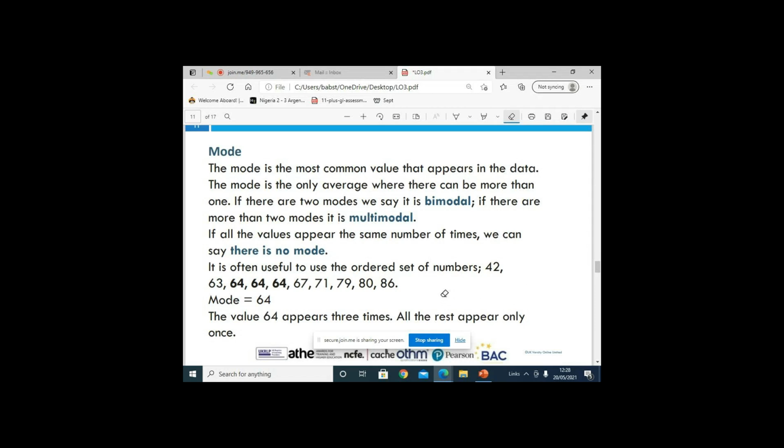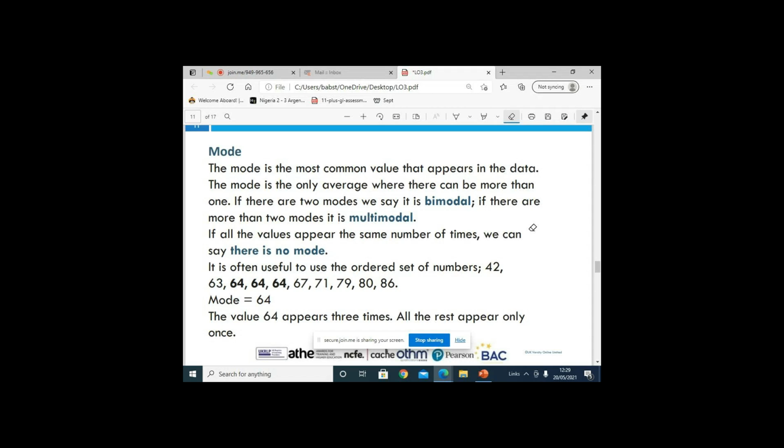Let me give you an example of bimodal. If you have something like 2, 4, 4, 6, 6, 7, you have 2 sixes and 2 fours here. So you have 2 modes, and they call it bimodal.